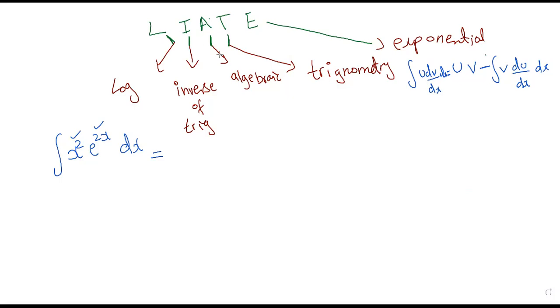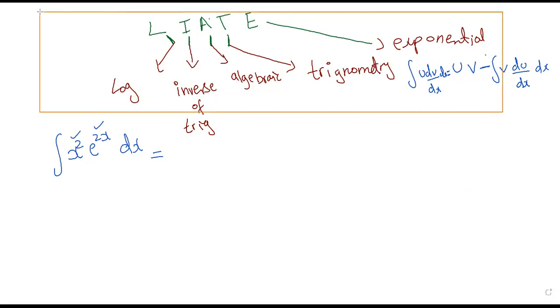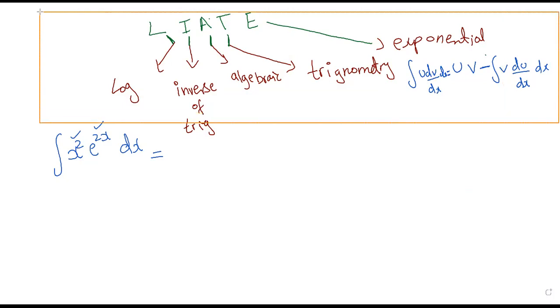I want you to tell me which function is going to be u and which function would be dv by dx. x square will be u. Excellent. Why? Because it is algebraic, and e to the 2x is exponential. This is coming first, and this is coming second. So this is how we choose.